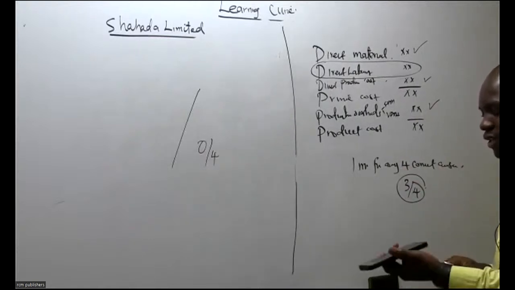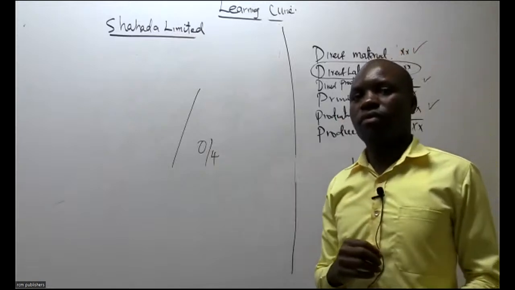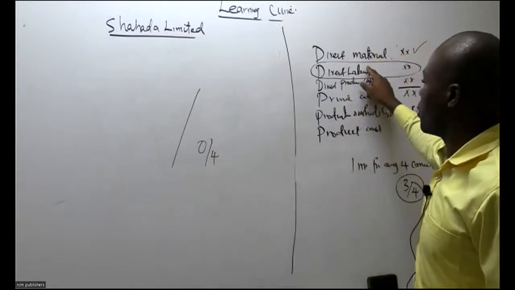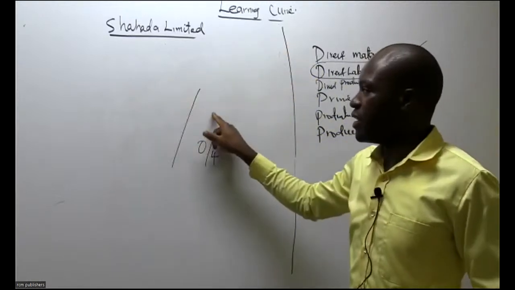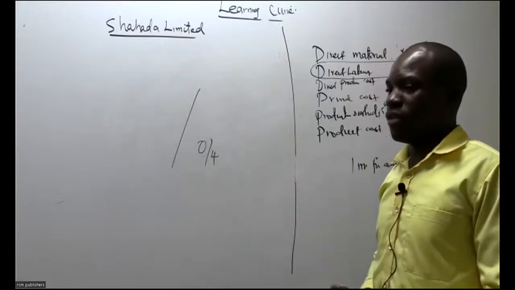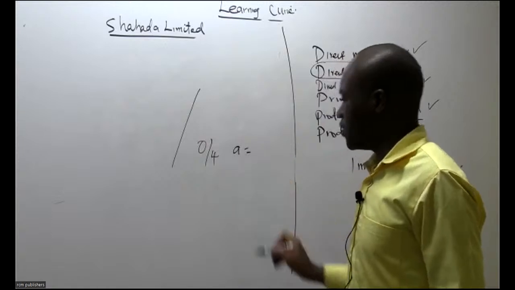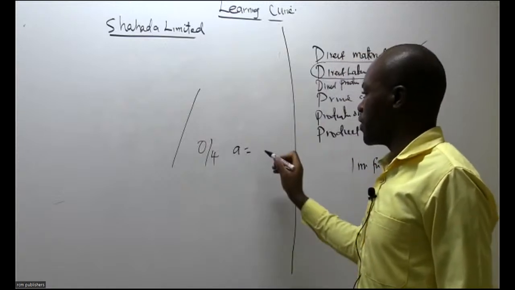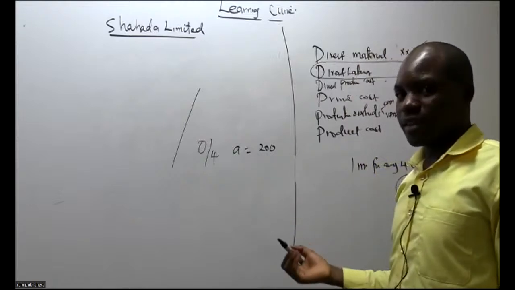So what is the strategy? Please try to attempt the questions. If you don't understand anything about this and you know it is about learning curve, can you write the formula, give us even, scare us with the value of A. Tell us that according to this, I know A is equal to maybe 200. Scare us.